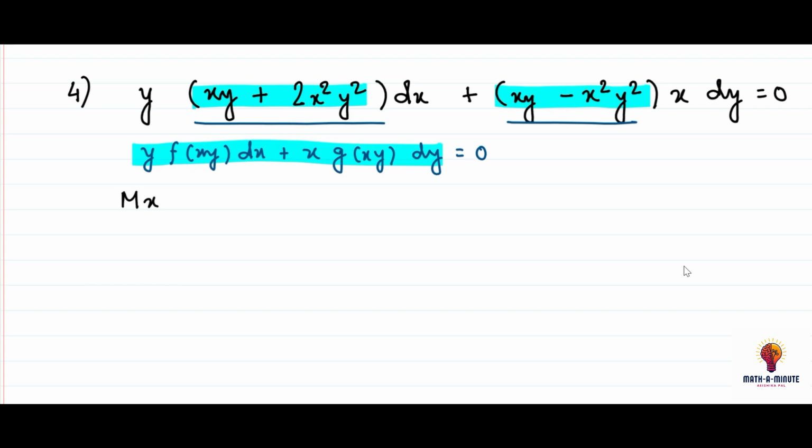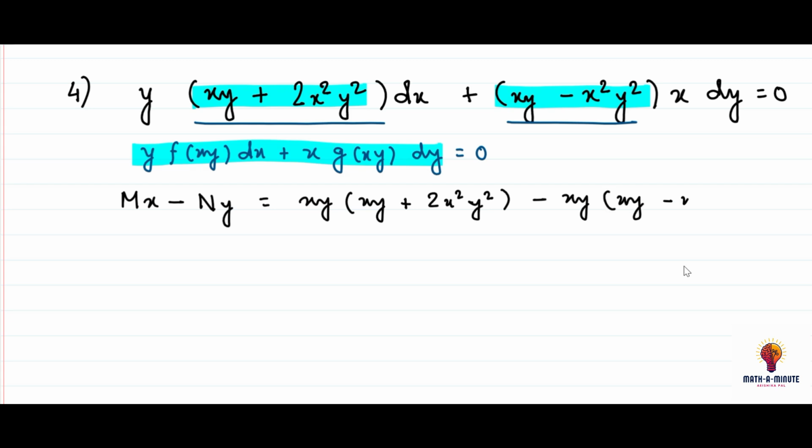You just have to check whether this value is 0 or not. So let me multiply M into x and N into y. It will be xy(xy + 2x²y²) − xy(xy − x²y²). Now simplify this and check whether this value is 0 or not.